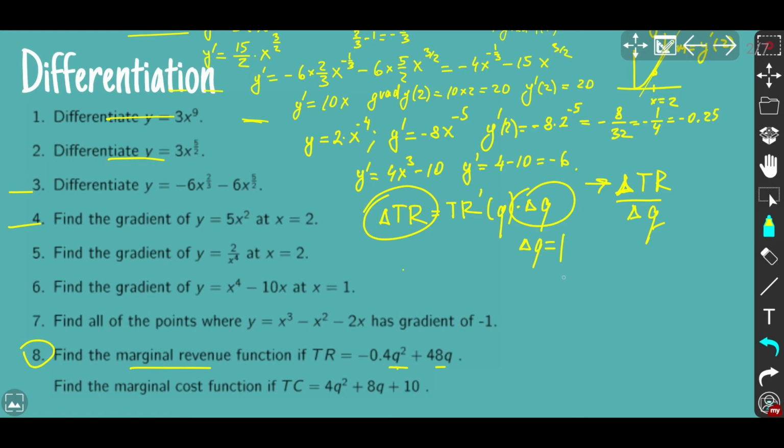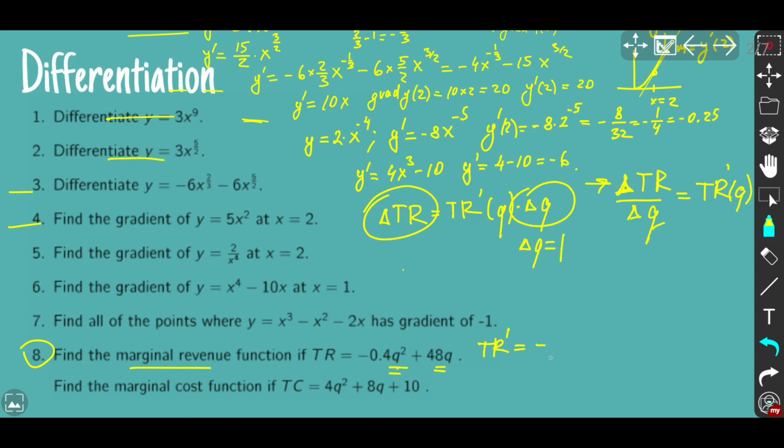All right, so how to do that? As you understand, it should be equal to TR prime from Q, or basically the rate of change in revenue. So we just simply need to differentiate that. So let's differentiate, and TR prime, you differentiate with respect to Q because now it depends on Q, on the quantity of products sold.